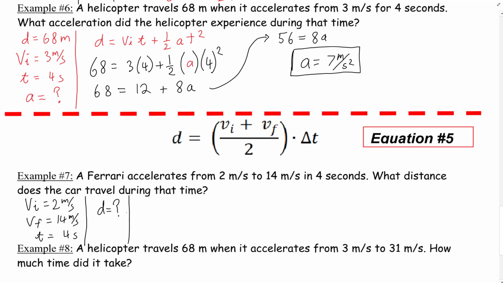So we now write down the formula. d equals vi plus vf all over 2 times the time, how much it changes.